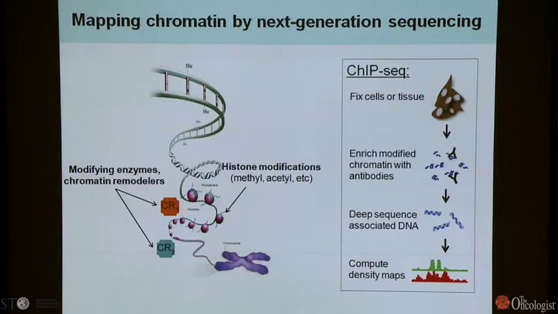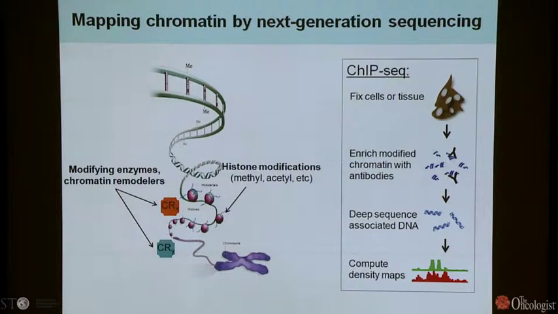Okay, so I think you've heard a lot of background, but DNA is wrapped around these nucleosomes composed of histones, and the histone tails are these hot beds of regulation subject to many different modifications, and it really depends on which residue in the tail is modified. You get different effects.